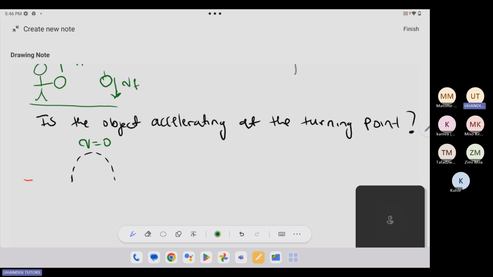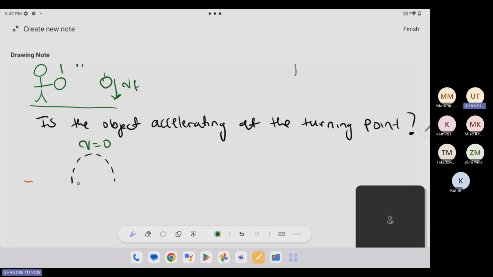So let's just consider two points. I'm just going to consider this point and this point. So just before the object could come to a stop, its velocity vector was pointed upwards.